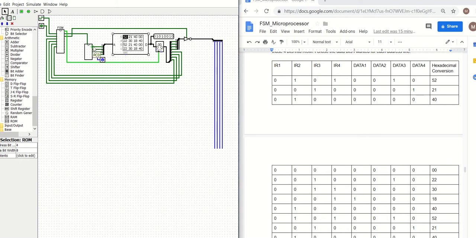Therefore, when I give the read-only memory 4 inputs, as I increment the inputs, the ROM will move values.